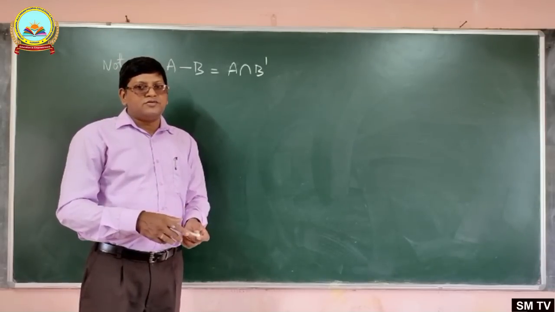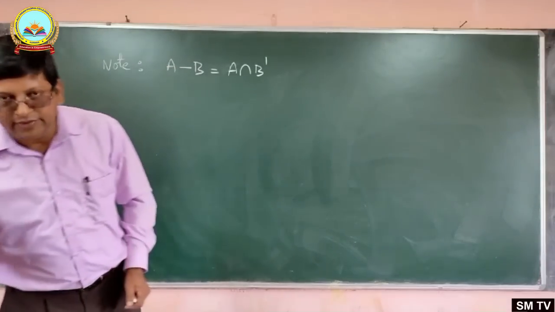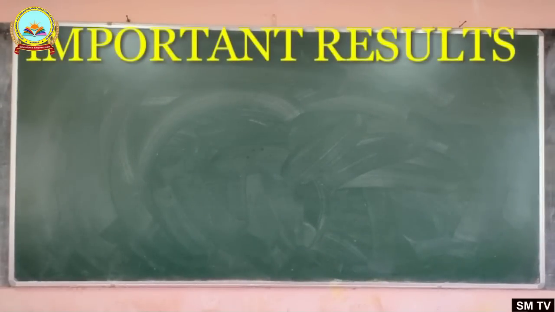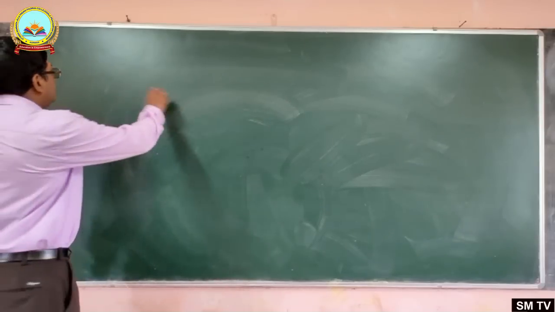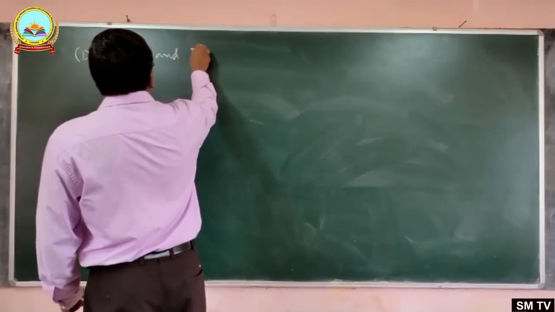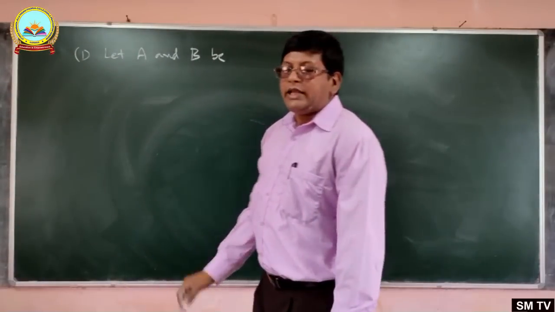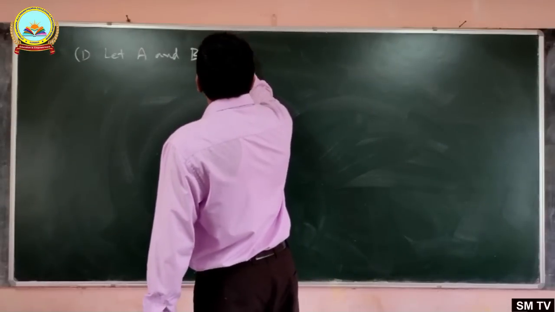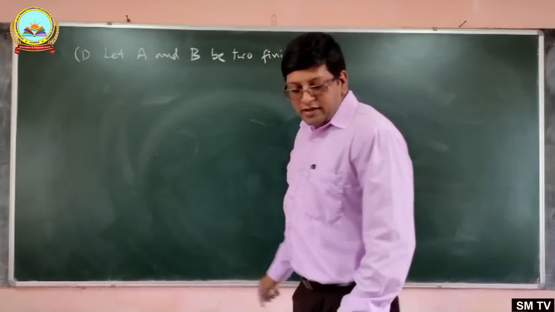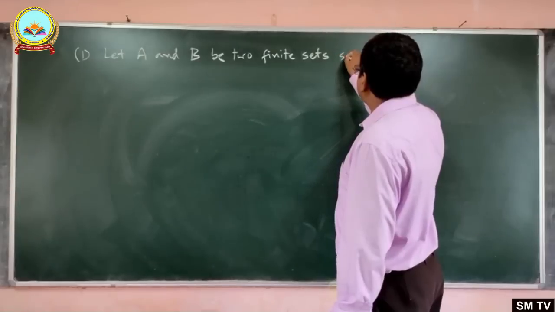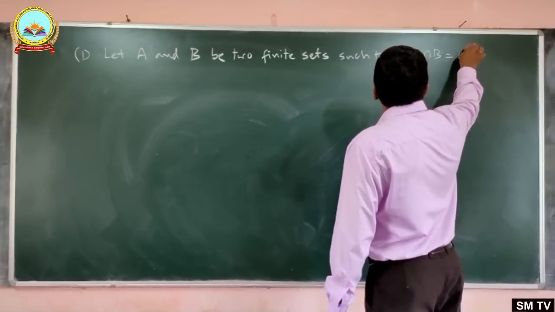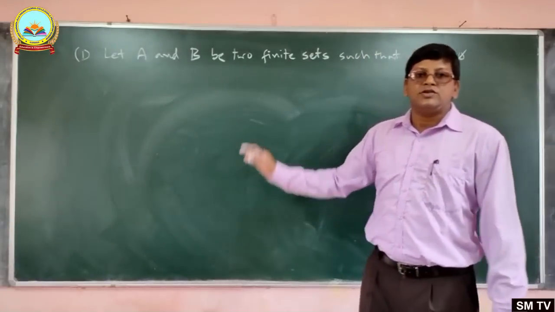Now we shall move on to important results. Result number one: let A and B be two finite sets such that A intersection B is equal to null set.